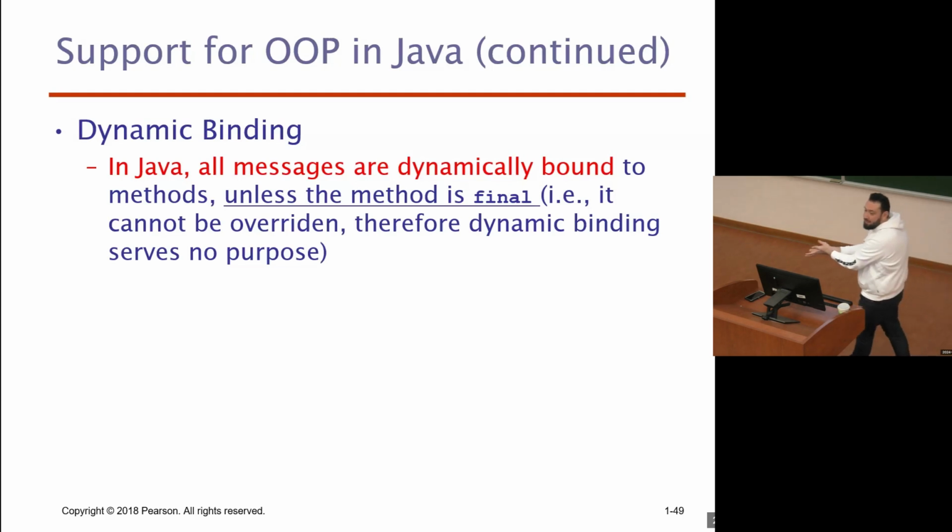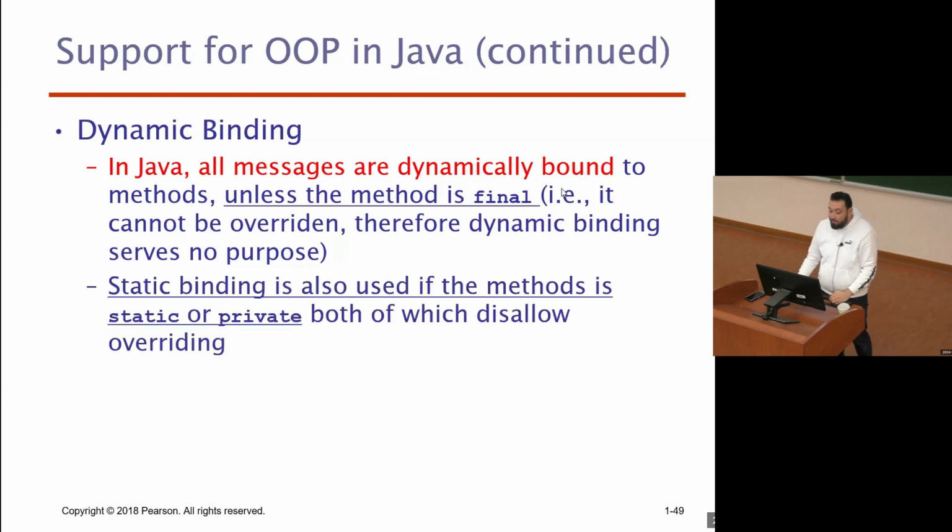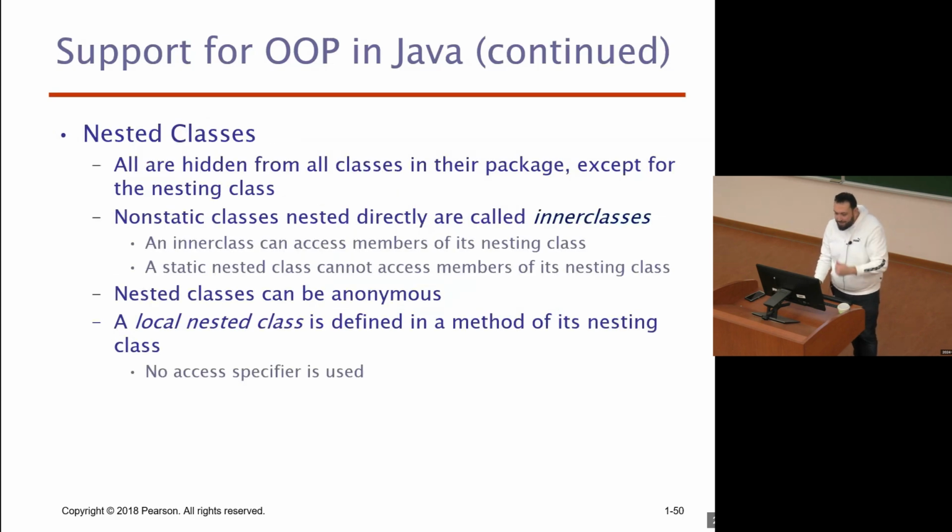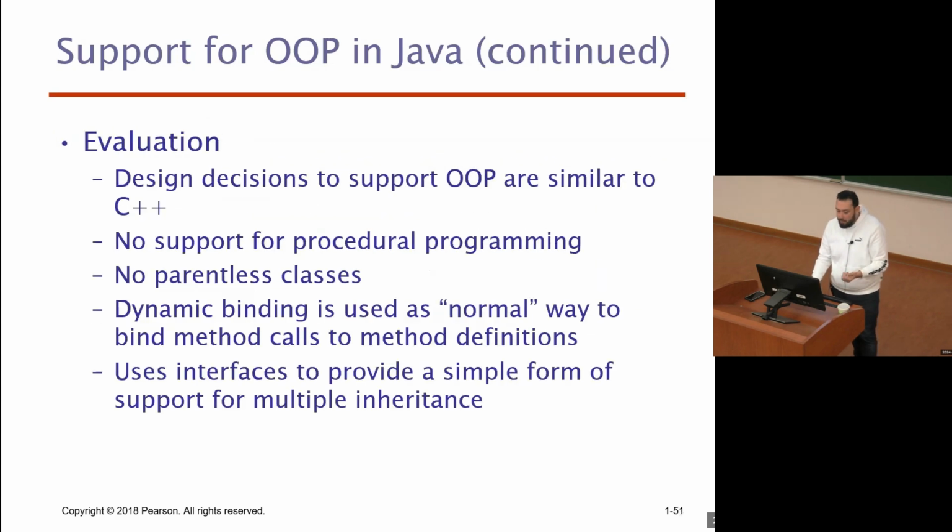If it is static, it doesn't have to be dynamically bound. I can just bind it in the beginning and I know it's fixed. So it's similar to the static concept. Static binding is also used if the method is static or private, both of which disallow overriding. So if you don't allow overriding, that means it's not going to be dynamic binding. And then nested classes.